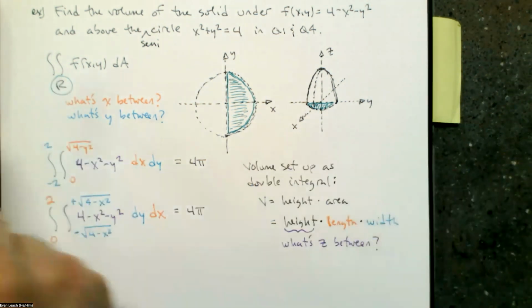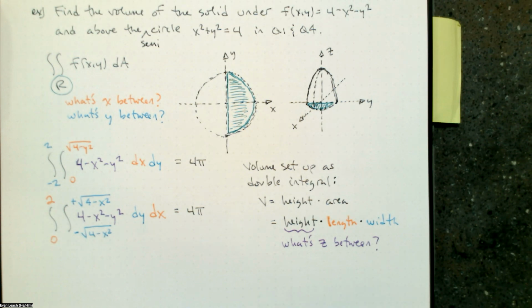Height times area. Area is just length times width. The way that length and width showed up in this problem was the dx and the dy. The height was given by the function. But when we say the height is given by the function, we're just saying how far above 0 it is. So we're just saying that z is going between 0 and the function.